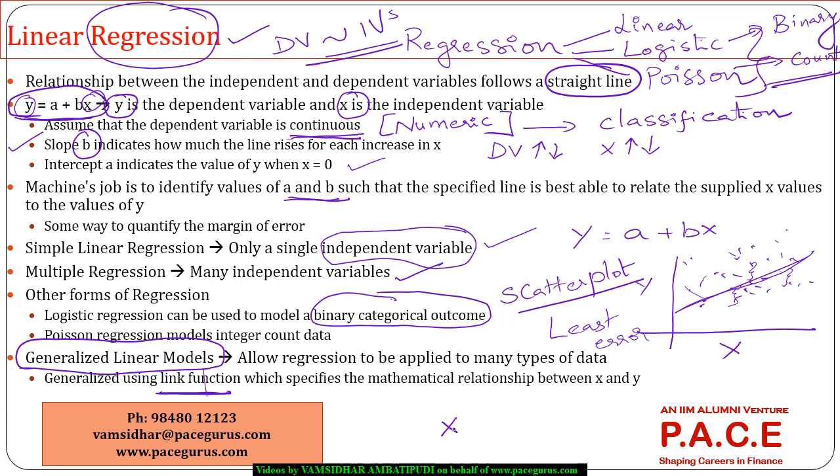What is the link between my dependent variable y and the independent variables x? So I would be giving a link function in the form of a mathematical relationship between y and x, which would be taken as a part of the input of the generalized linear models to come out with a regression model between the dependent variables and the independent variables.